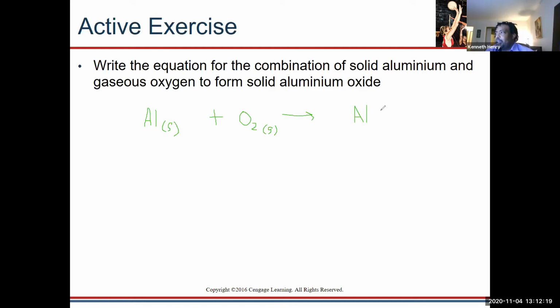So we'll have 2 aluminums, and then would the O2 still be O2 in parentheses? No, because it's only O2 when it's by itself. When it's with another partner, it has to balance that other partner.